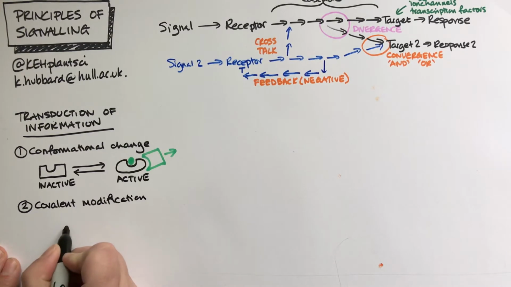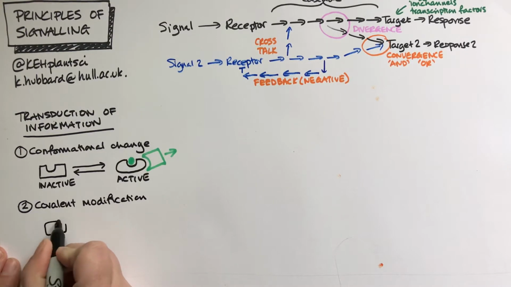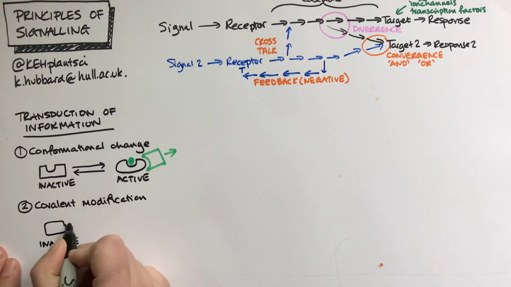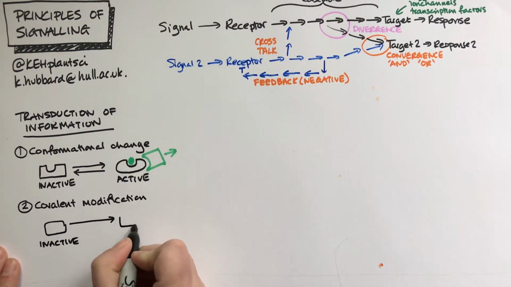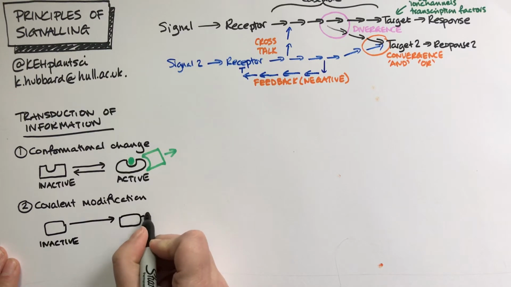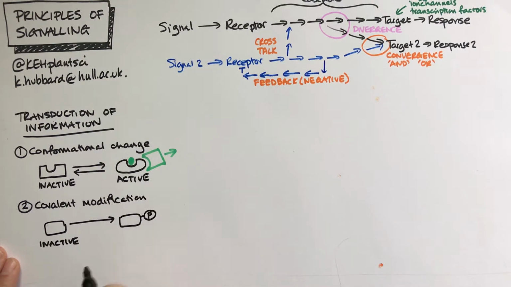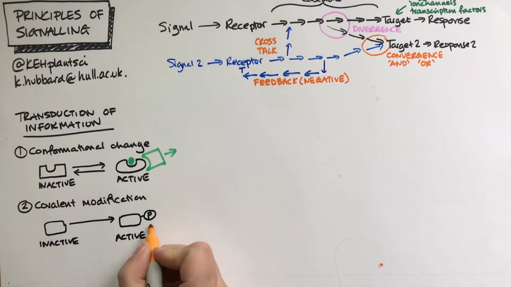So here we would have a protein which is inactive, and what we can do is add things to that protein. In this case, and by far and away the most common strategy, is to add a phosphate group.